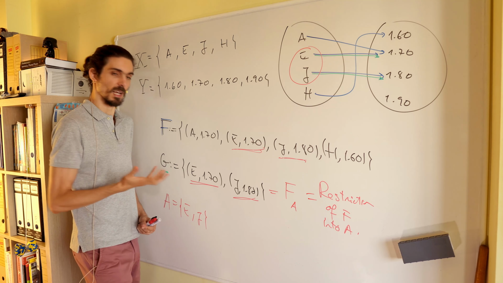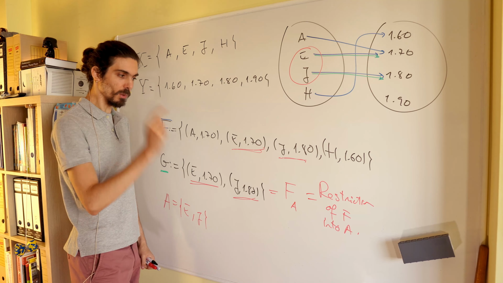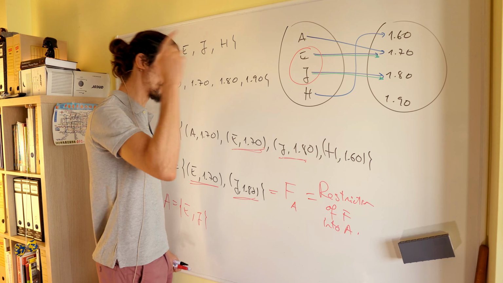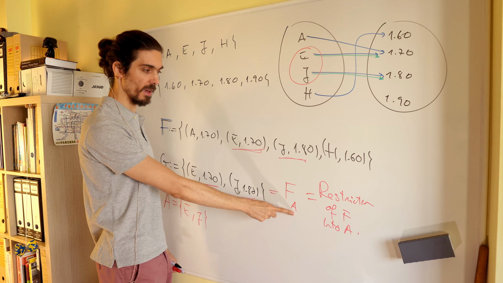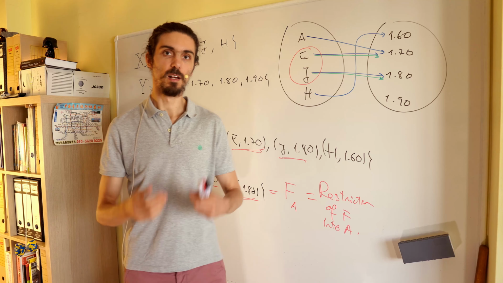And so to emphasize that idea, I just write, instead of a generic variable g, I want to emphasize it. Well, it's f, but only the first entries that are in A. Okay? And so we have the restriction of a function.